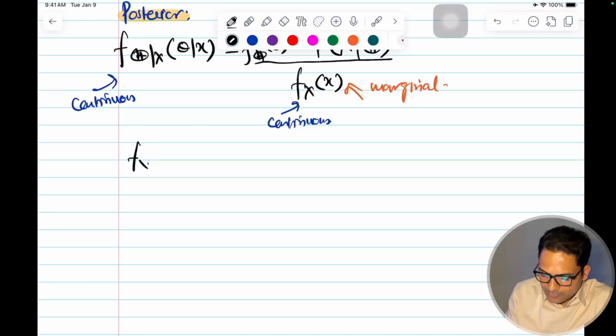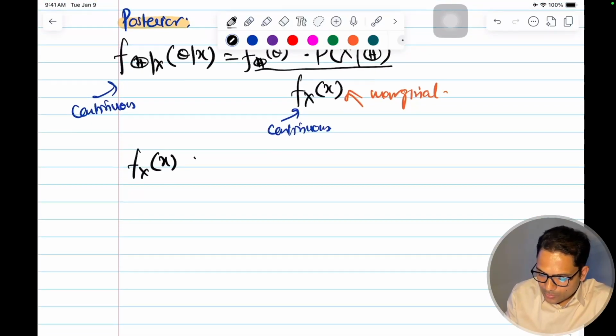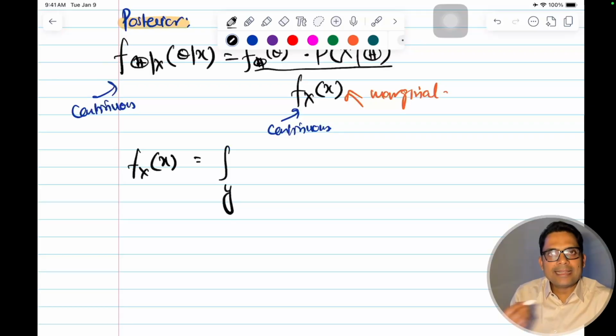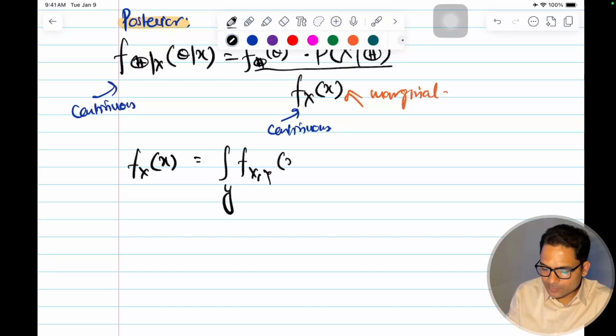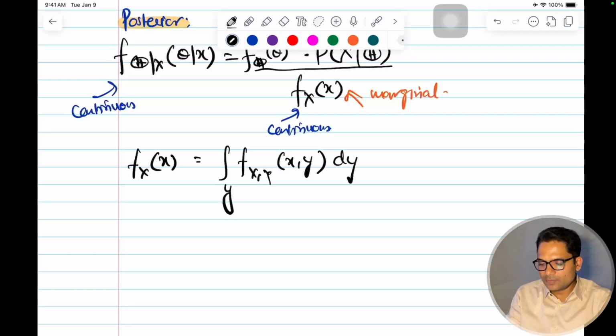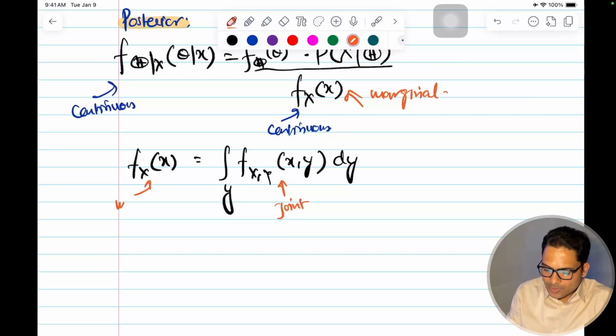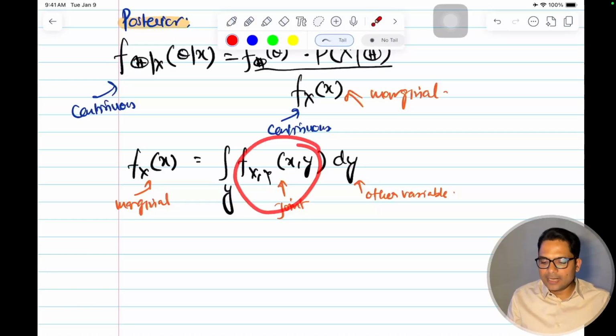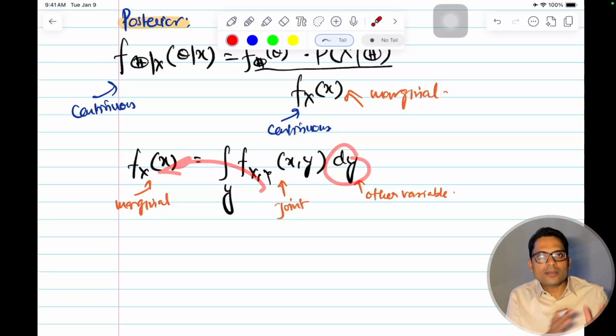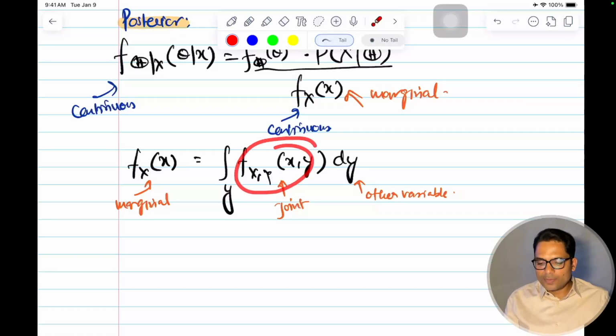For example, fx of x, the marginal, is equal to the integral of the joint with respect to the other variable, dy. I'll put that link also if you don't understand what I'm saying. If I integrate the joint with respect to the other variable, I'll get the marginal.